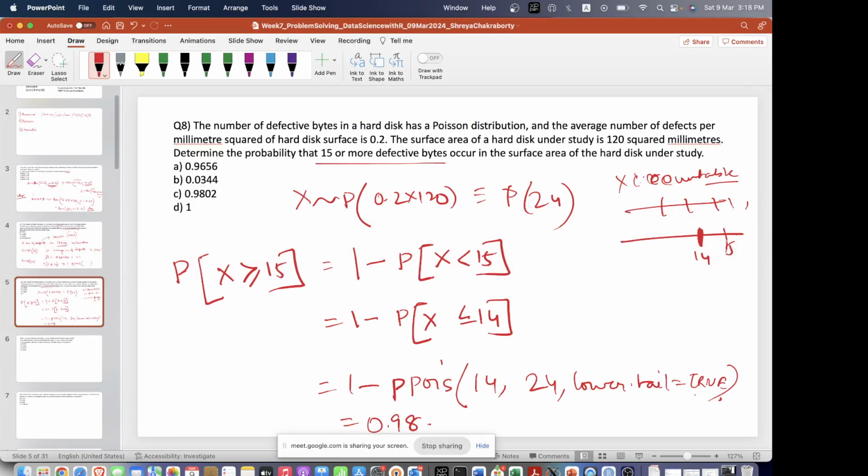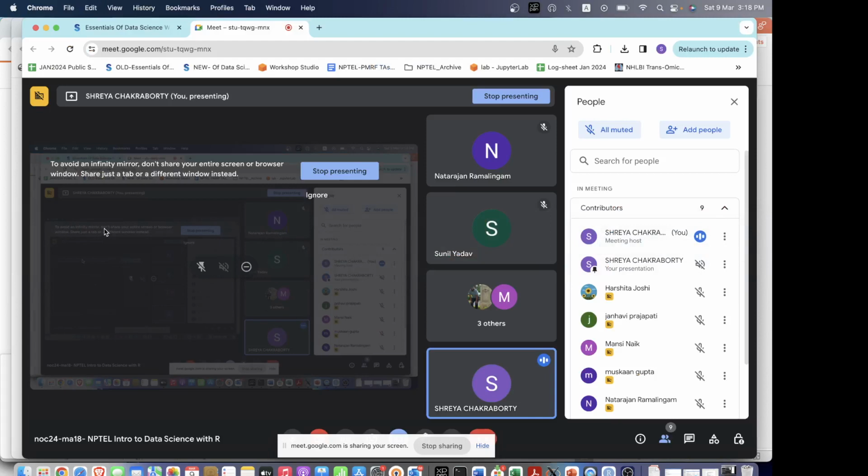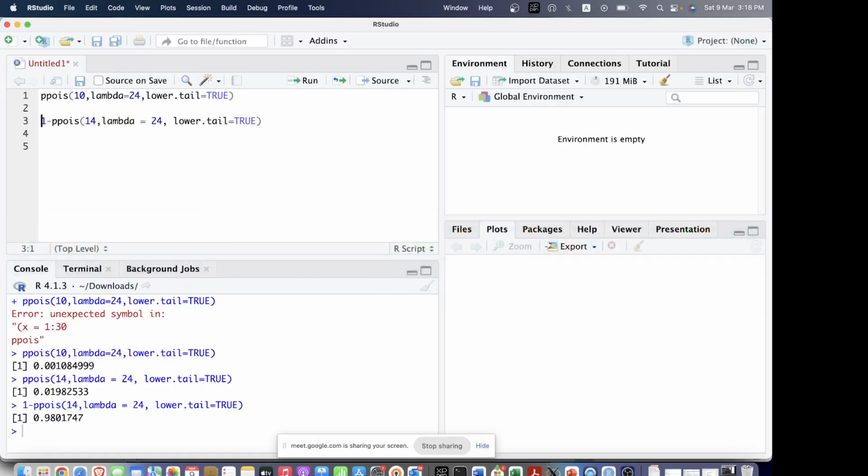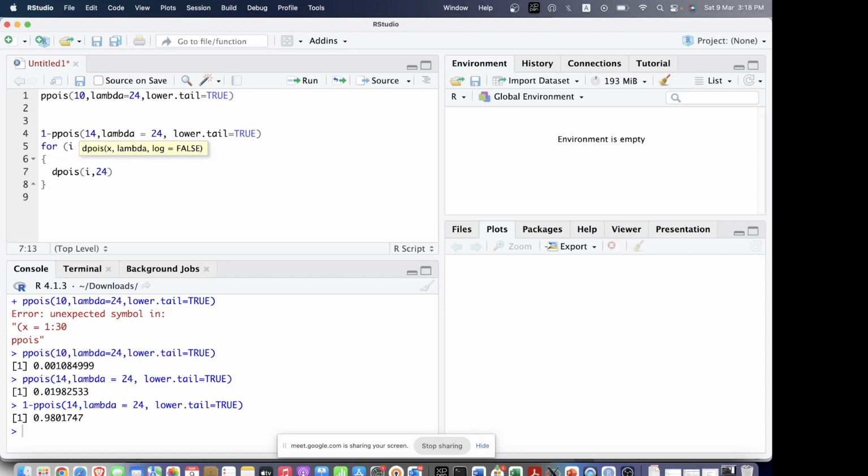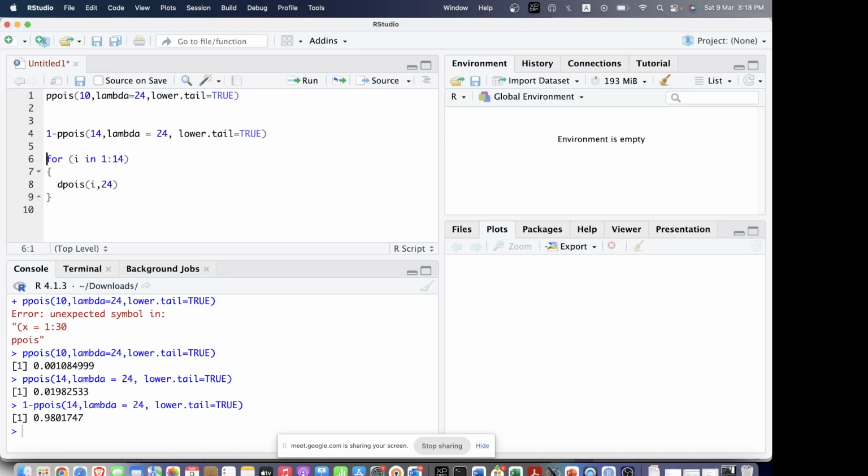Now, if you are not sure what to use, then you can always double check. In order to check whether we are getting the same result or not, I can sum d Poisson of 1 to 14 with lambda 24.